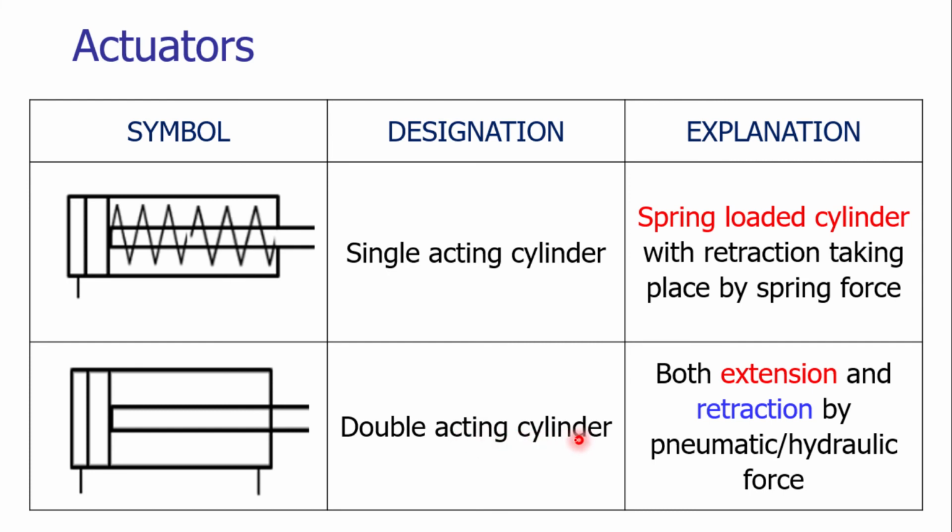So the double acting cylinder is based upon the extension and retraction both by using the pneumatic or the hydraulic force. However, in the single acting cylinder, the retraction takes place by the spring force, but the extension would be carried out by the hydraulic fluid only, the pressurized hydraulic fluid.